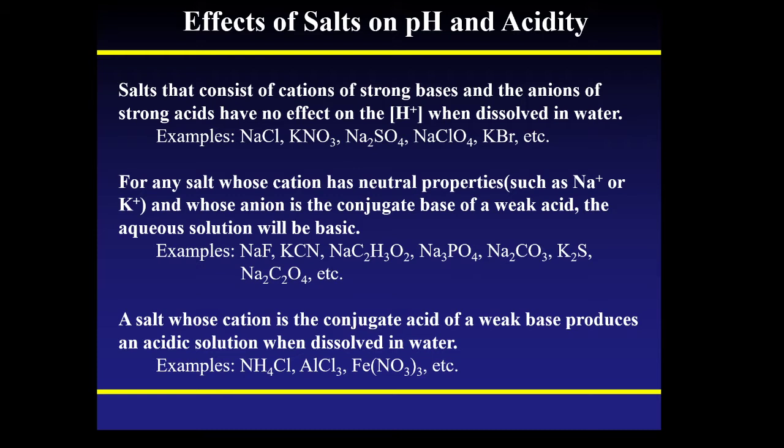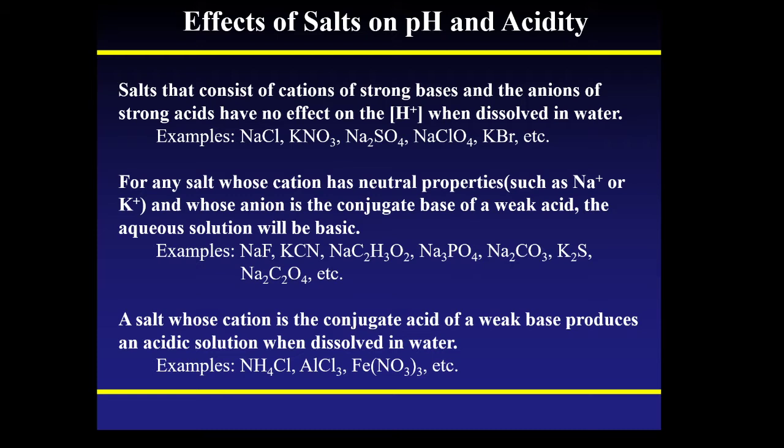Okay. And then a salt whose cation is the conjugate acid of a weak base produces an acidic solution. So, remember what makes a strong base. Group 1 and my bigger group 2s.